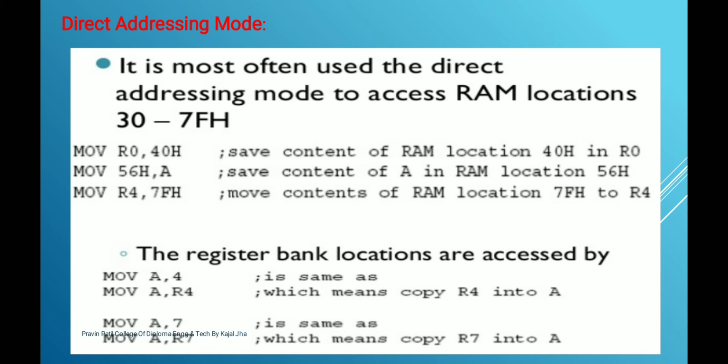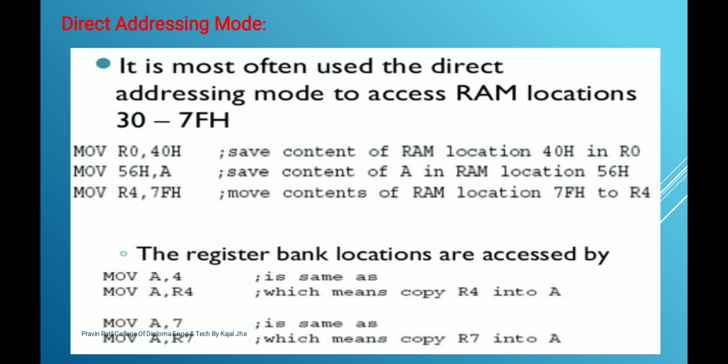Then MOV 56H, A saves the content of A in RAM location 56H. Then MOV R4, 7FH moves the contents of RAM location 7FH to R4.